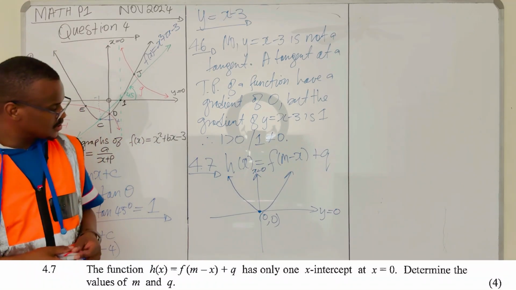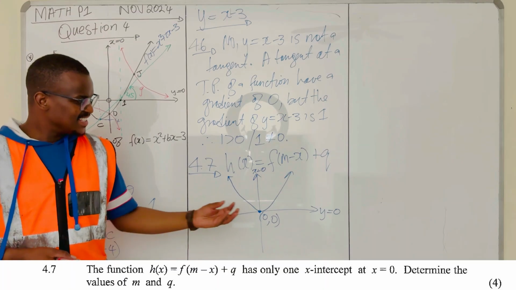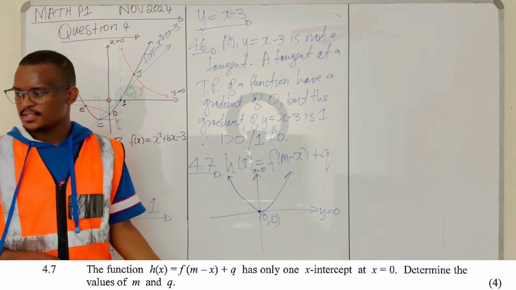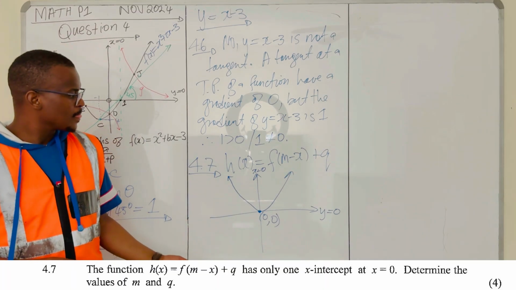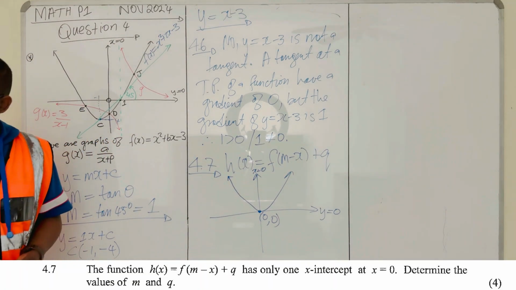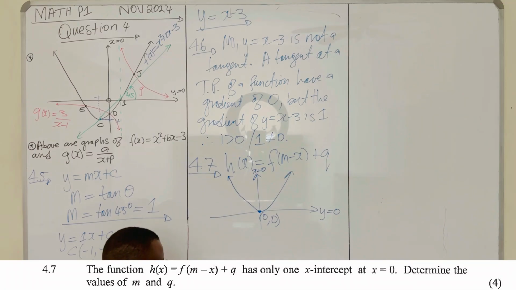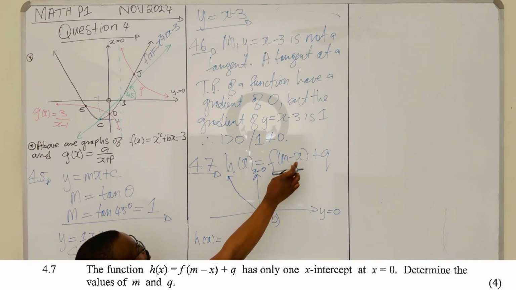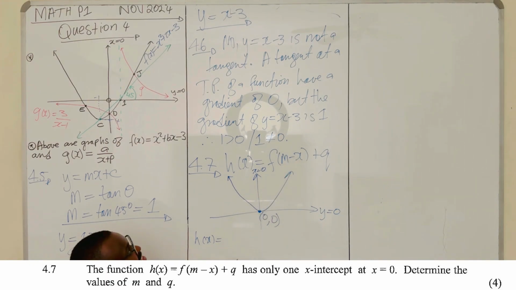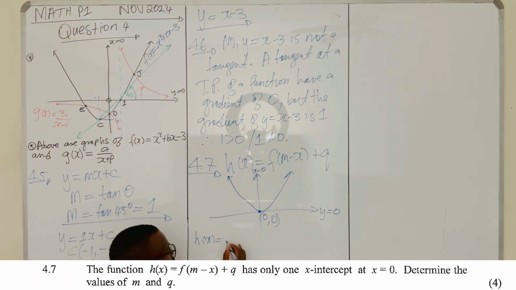So how do we do this? Anything with a turning point is easier to deal with using turning points. But the natural thing one would do is say h of x is equal to f at m minus x. So what is my f of x?